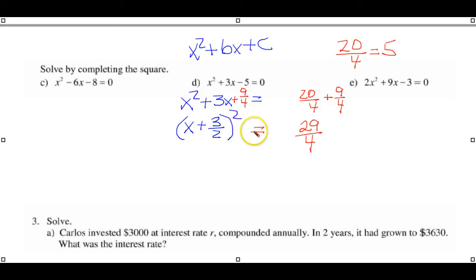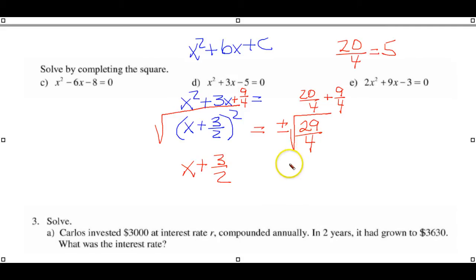So now my next step is I take the square root of this side, which will just give me my radicand, x plus 3/2, plus or minus the square root of this. Now, as I do this, I notice I can take the square root of our denominator.